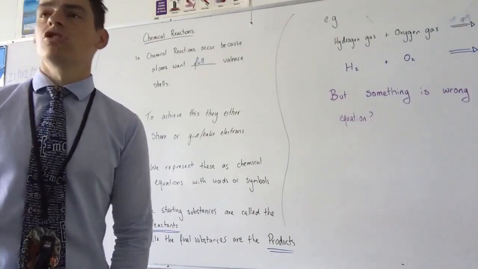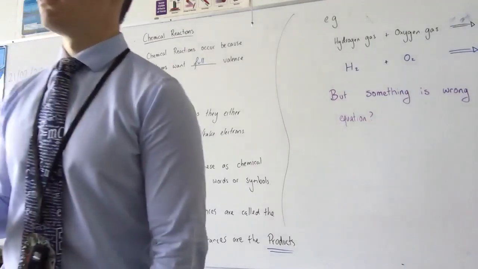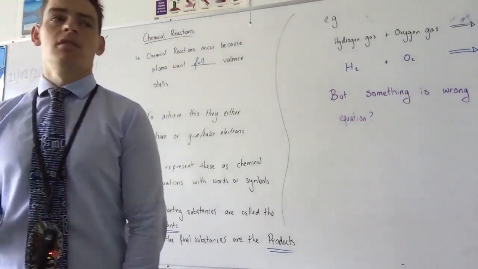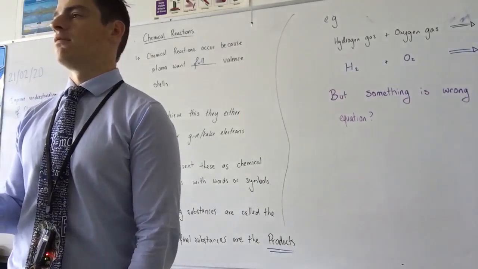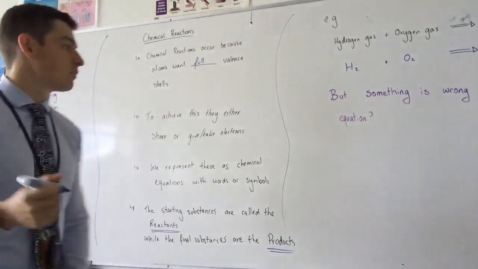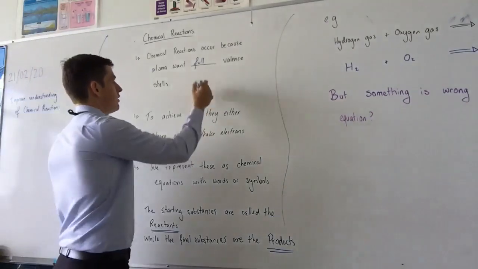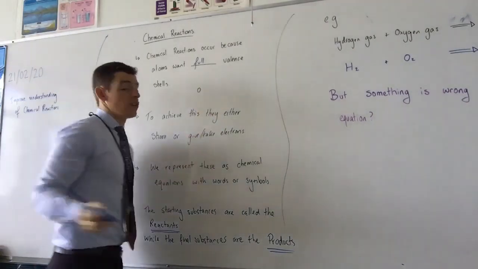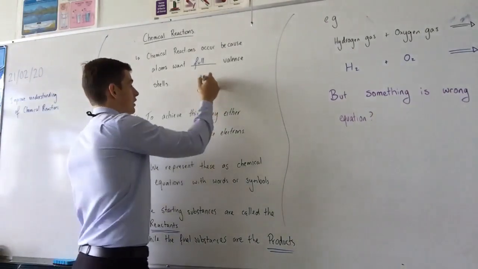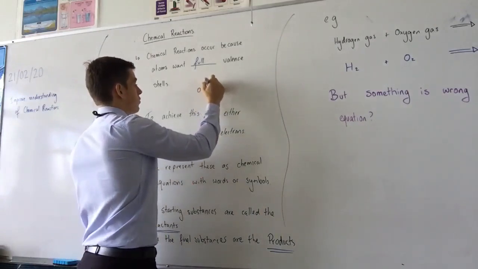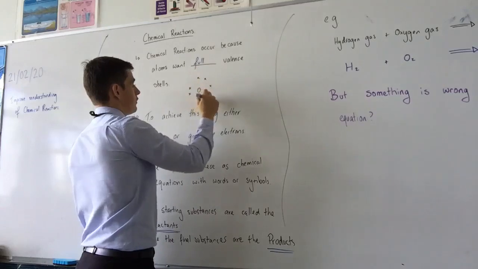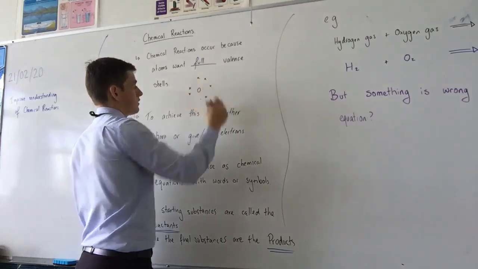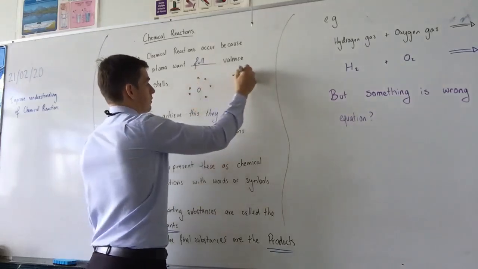So how did 2 oxygens make it so that they both have 8 in their outer shell? They're both happy. If I was to draw an oxygen atom here, let's just draw the outer shell. It's going to draw 1, 2, 3, 4, 5, 6. Other one, I'm going to do the same thing.